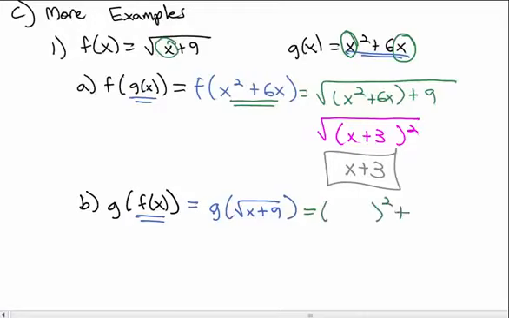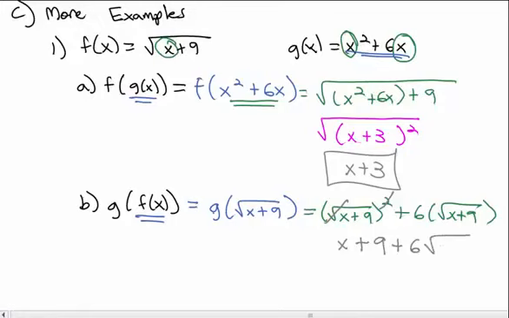So stuff squared plus 6 times stuff, that stuff is square root of x plus 9. Only simplifying here is square and square root are inverses, so we're left with x plus 9 plus 6 square roots of x plus 9. And we have our simplified solution.